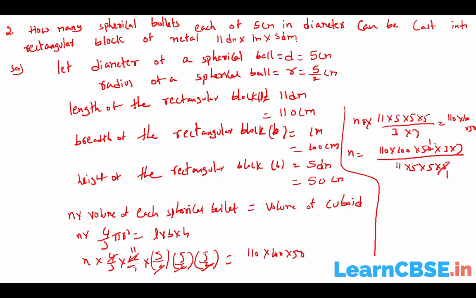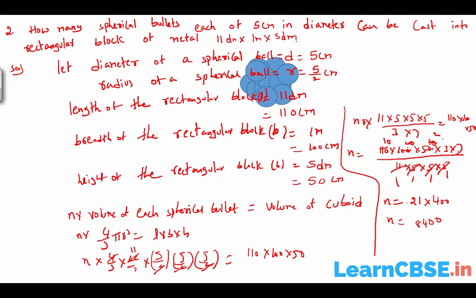Then n equals 3 into 7, 21 into 40, 400. n equals 8400 bullets are needed to make a rectangular metal block of these dimensions.